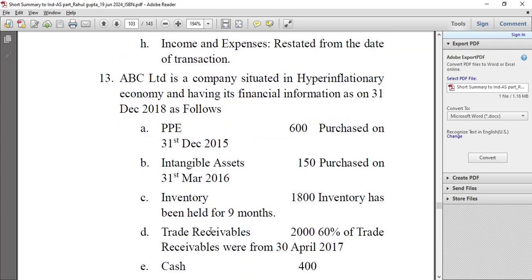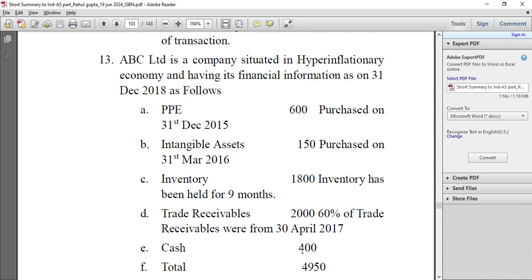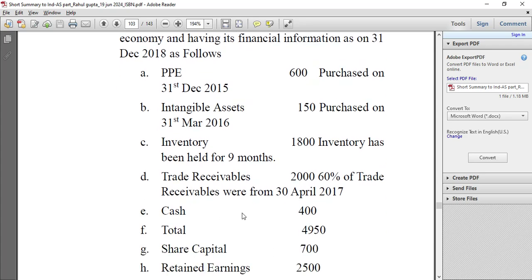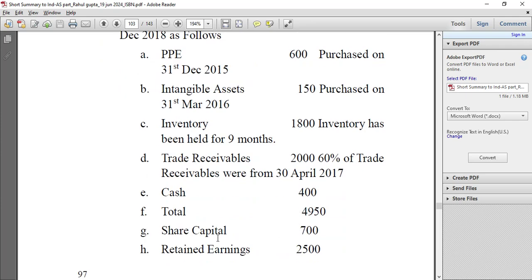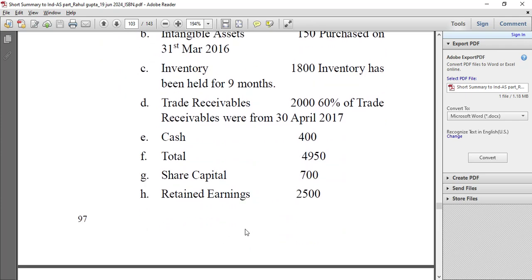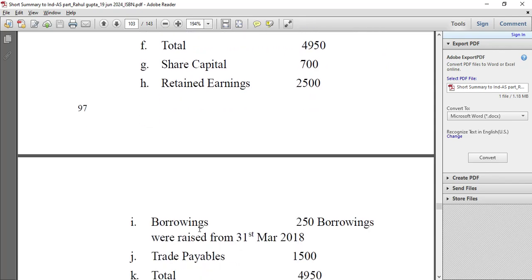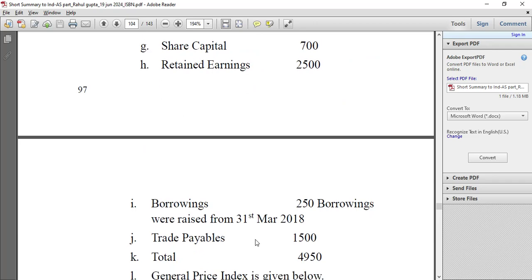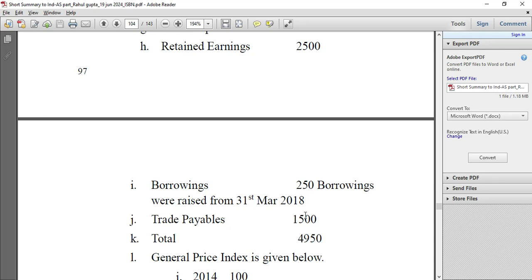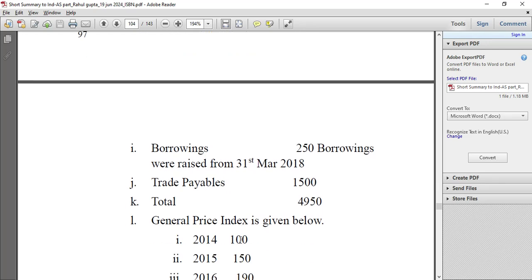Trade receivables 2000. 60% of trade receivables were from 30th April 2017. Cash 400, total 4950. Share capital 700, retained earnings 2500, borrowings 250, borrowings were raised from 31st March 2018, trade payables 1500, total 4950.